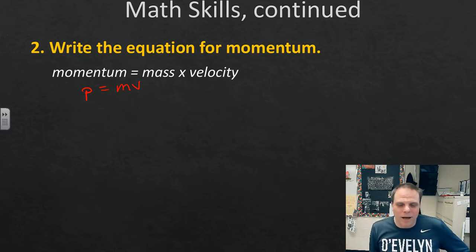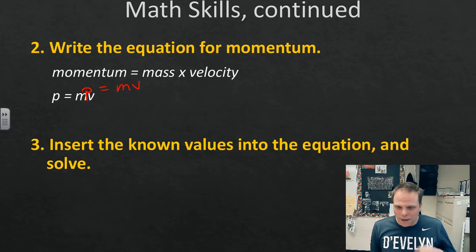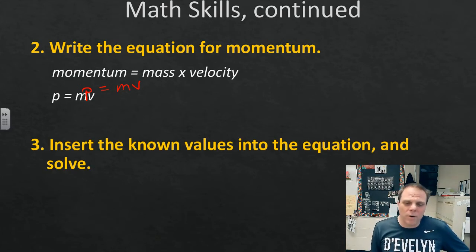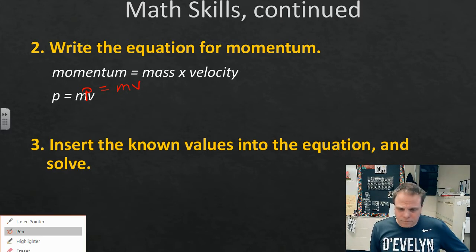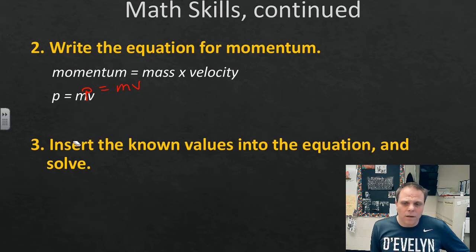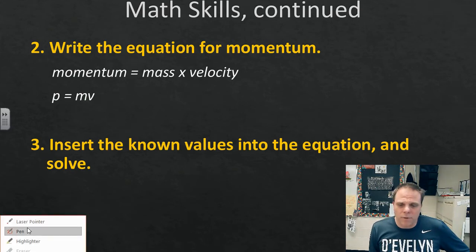It's just the way you got to memorize it. P equals mv, all right? And so now we have to see, do we have to rearrange my equation? No, we don't have to rearrange the equation. Remember that our equation is going to already be set up because P equals mv is what we're looking for.